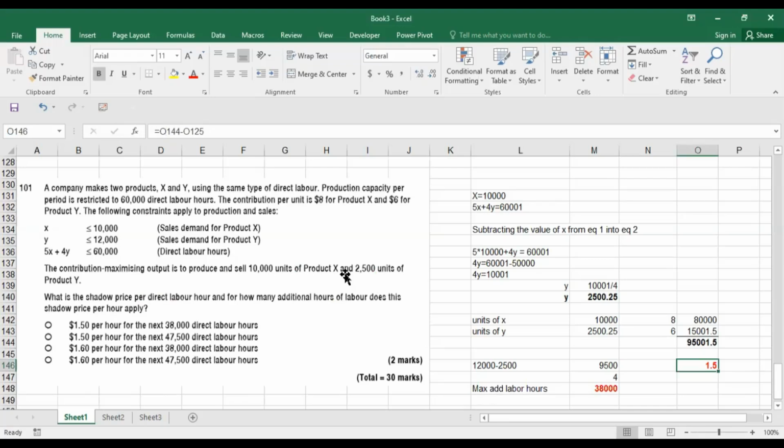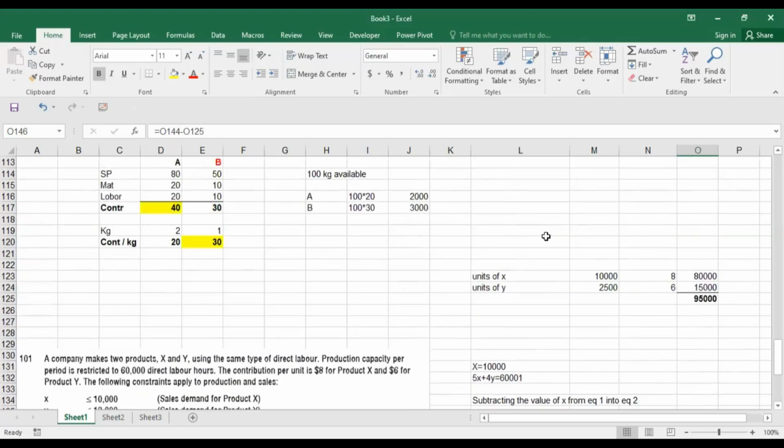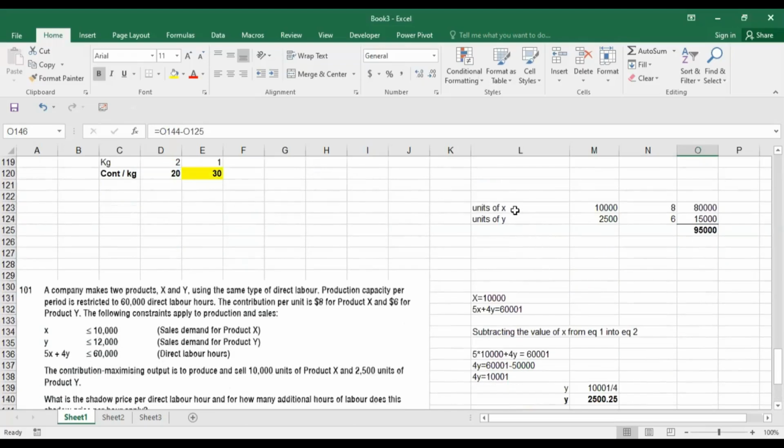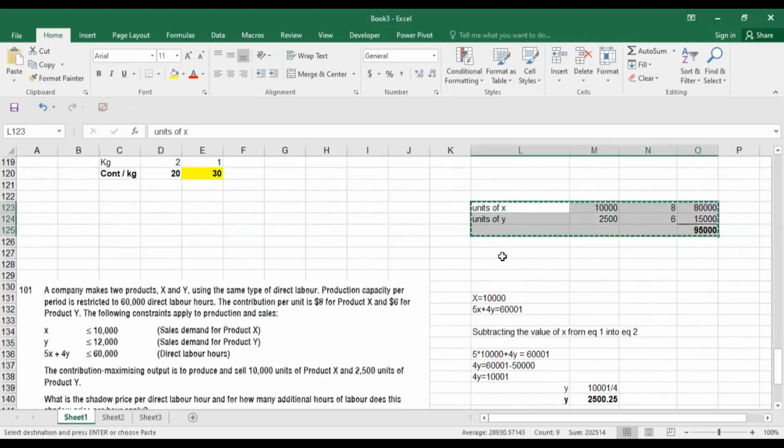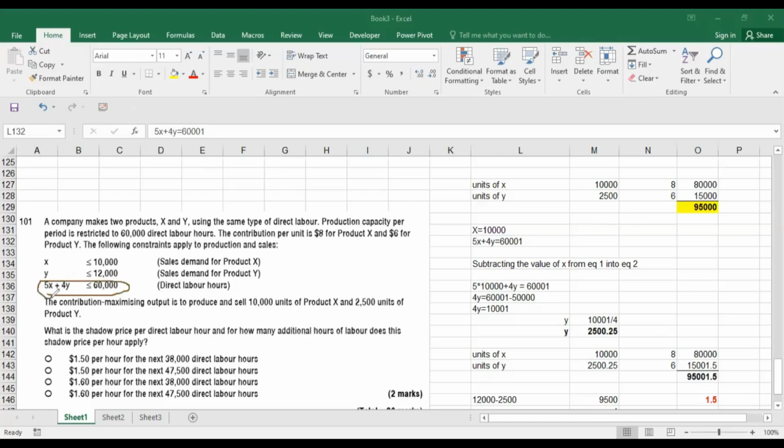Listen, I took a lot of time because I was not doing the question. I was explaining the shadow pricing concept. What you should do, very simple: find out your existing contribution. This is your existing contribution, 95,000. Then you say, if I take this equation, how the labor hours are used, and I just increased by $1.